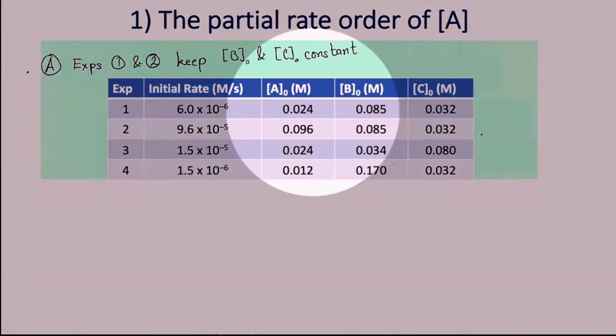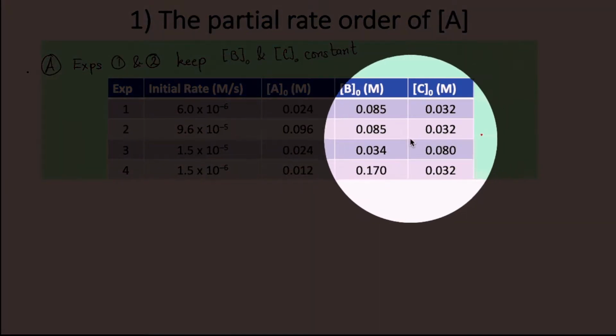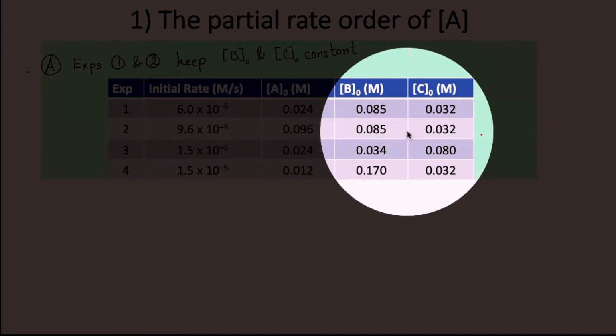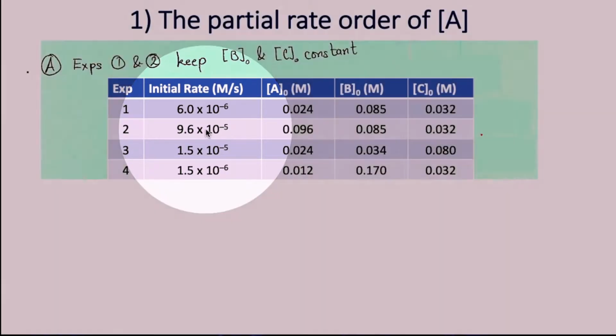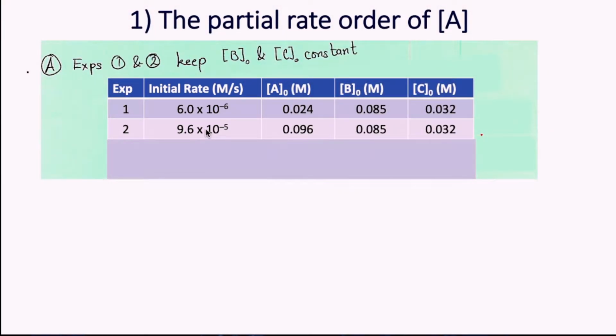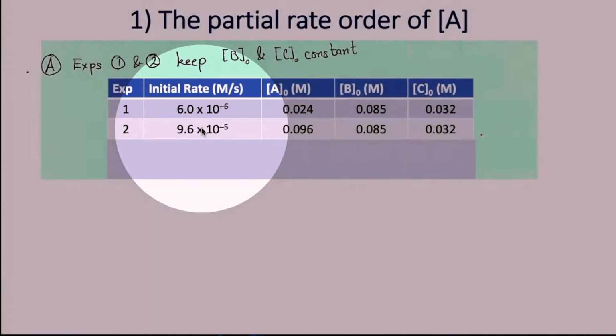If we want to find out the partial rate order of A, what we want to do is to look at experiments in which both B and C are kept constant. We change A, and then we see how that change in A is affecting the initial rate. If you look at experiments 1 and 2, that's exactly what is happening: B, C constant, A changing, initial rate changing.